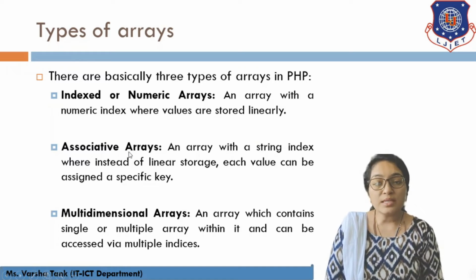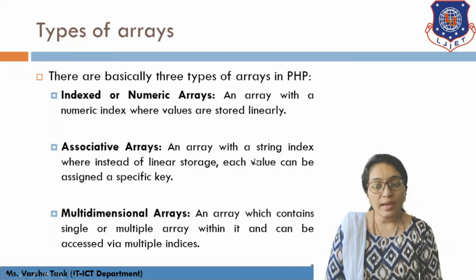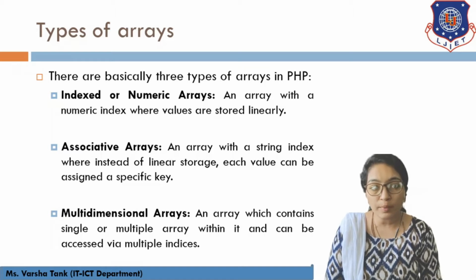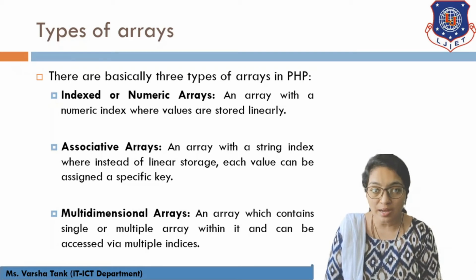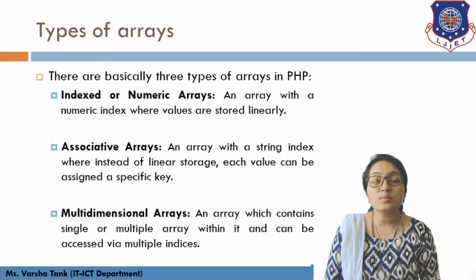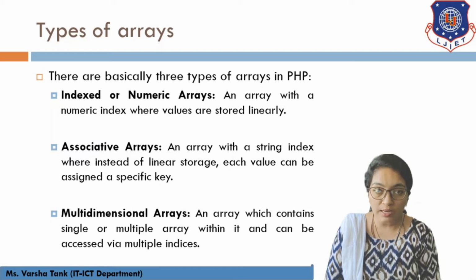Next is the associative array, an array with a string index where instead of linear storage, each value can be assigned a specific key. That means you have to assign a key for a particular element. So that is the associative array. Here there is no numerical index, but you have to provide a specific key to that particular element.